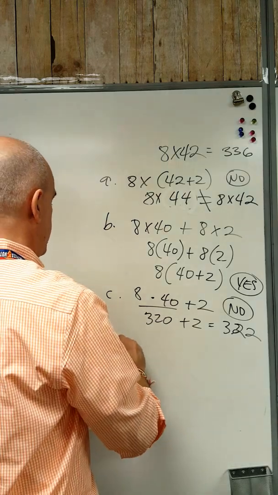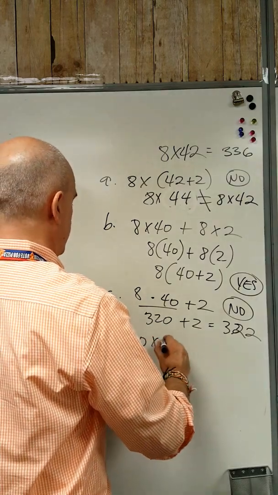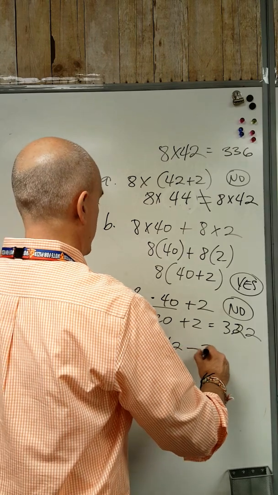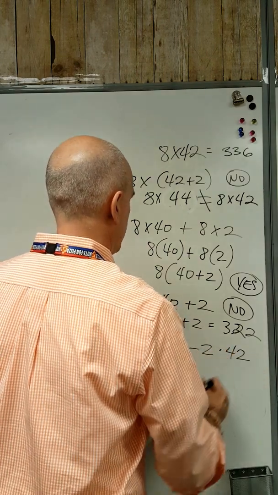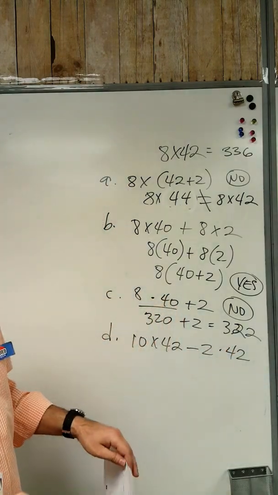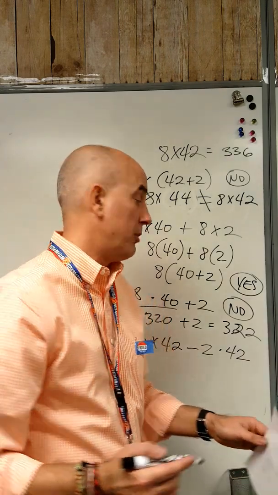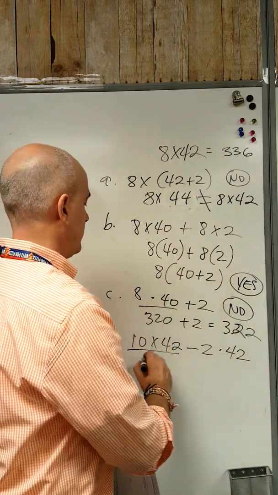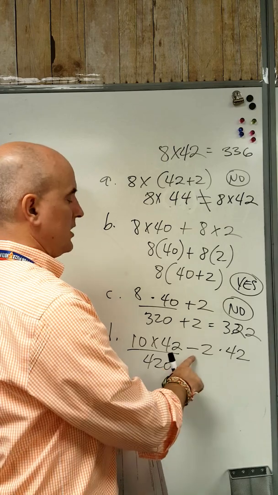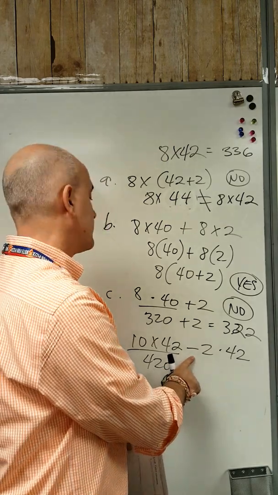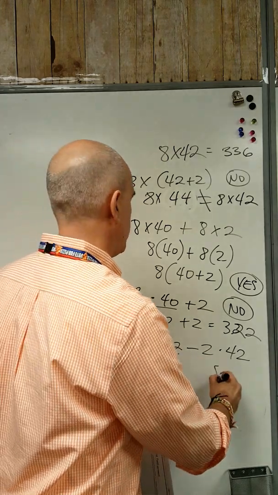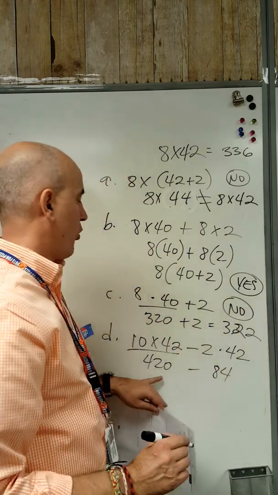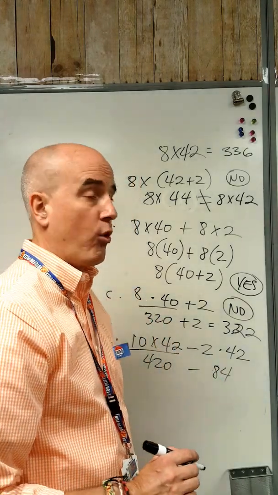And the last one is D. And this is 10 times 42 minus 2 times 42. And if we were going to solve this, we would use order of operations. We would use multiplication first, 10 times 42, 420. We would save the subtraction for last. 2 times 42 is 84. So we have 420 minus 84.